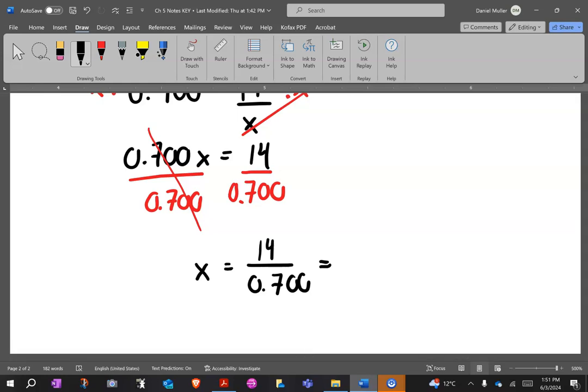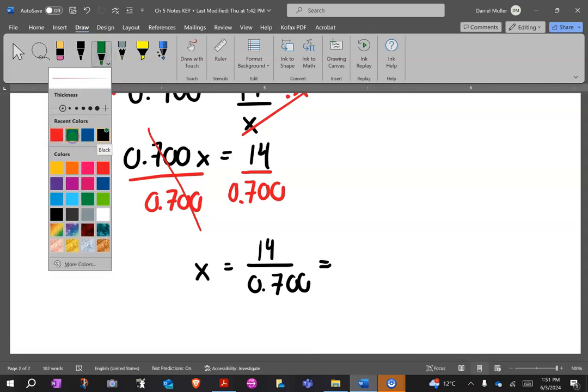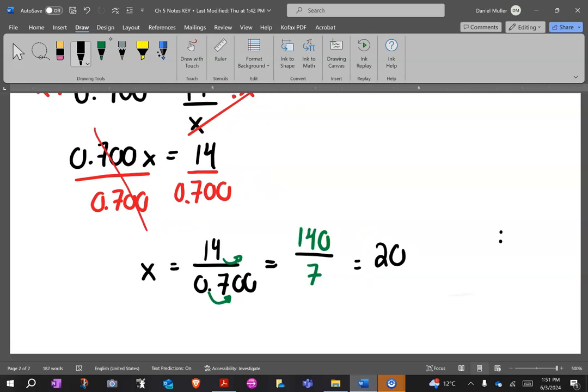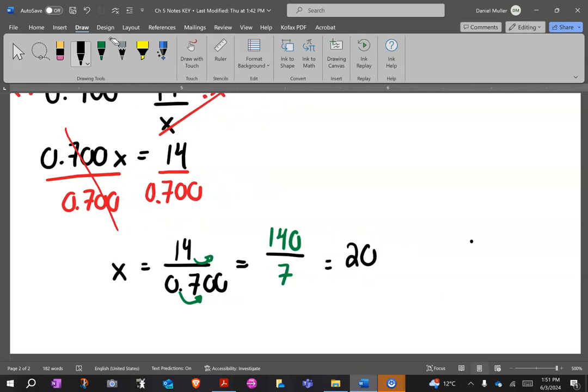So I'm going to move this over by 1, and we're going to make that a 7. But then I got to do the same to the top. I got to move that over by 1 and make that 140. So I basically had to add an extra 0 there. Well, 140 divided by 7 is 20. So that is our answer, 20.